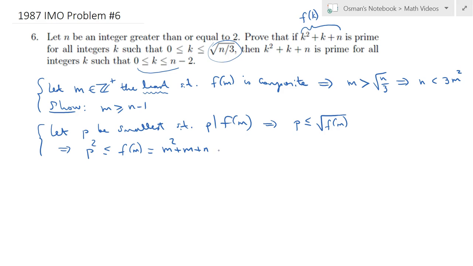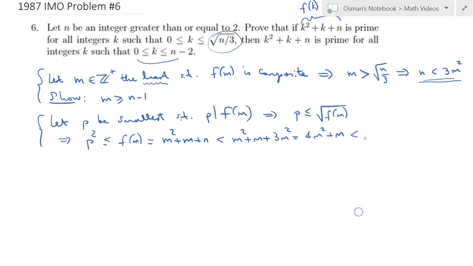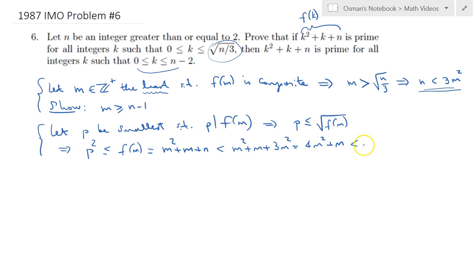Now I will make the following trick. I will replace n with this expression here, so therefore m squared plus m plus 3m squared, which is 4m squared plus m, and as a result, knowing that m is a positive integer, this is definitely less than 4m squared plus 4m plus 1, which is 2m plus 1 squared.